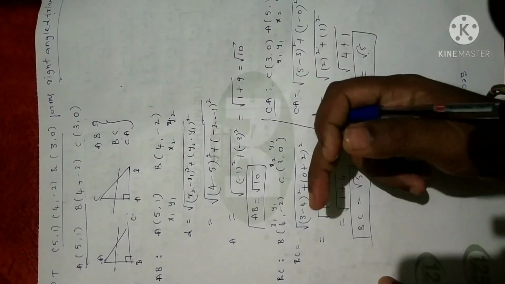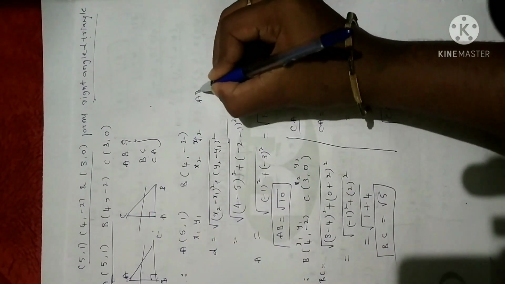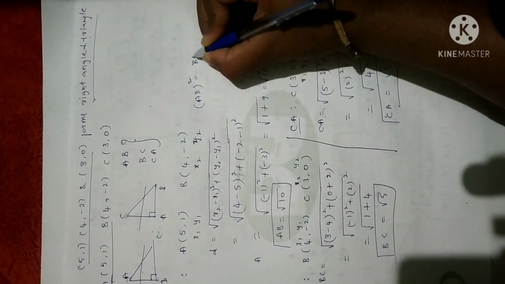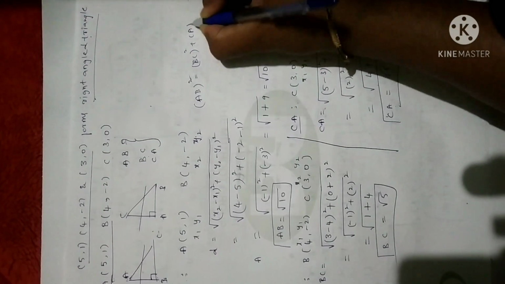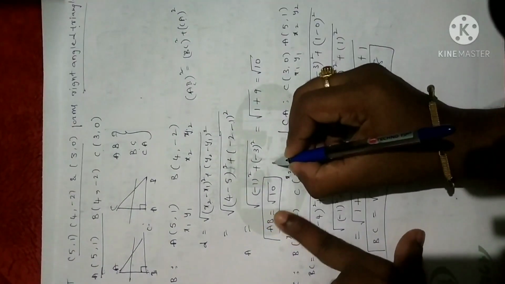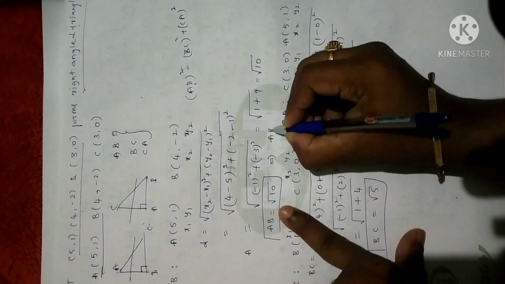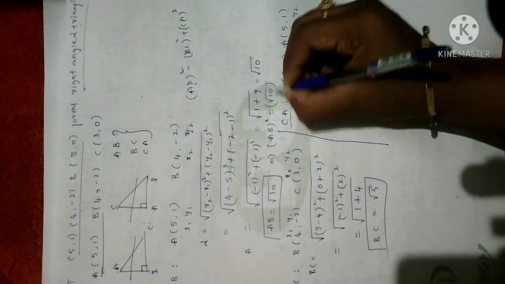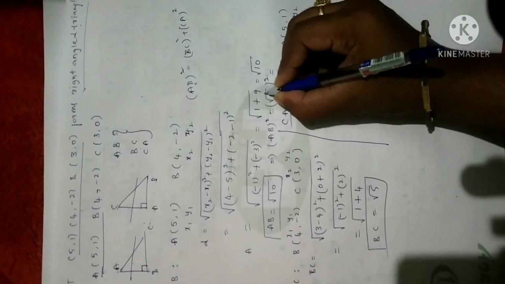Now Pythagoras theorem. As per the statement, AB square is equal to BC square plus CA square. So in every term, for every side, you have a square. So first what you're going to do is find the squares of the lengths. That is, AB whole square is square root of 10 whole square. So square and square root get cancelled. You will get 10. Fine.